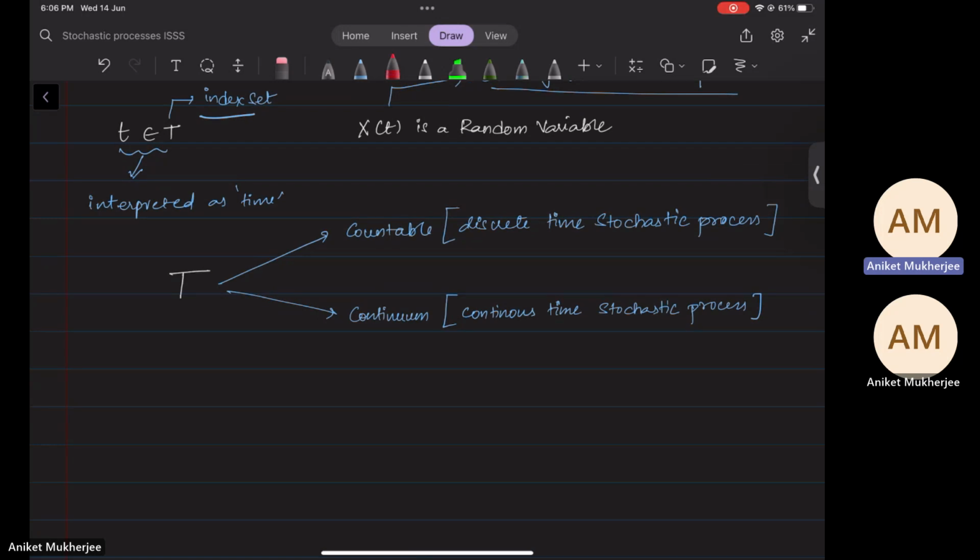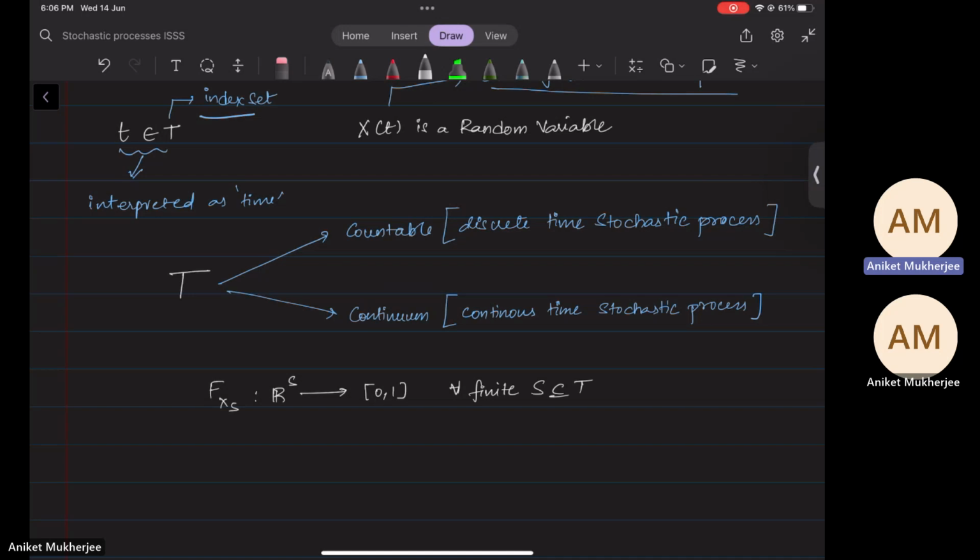Okay, so how do you characterize a stochastic process? You characterize it by its finite index distribution function. So that is given by a distribution function F_X, which maps from R^S to [0, 1], for all finite subsets S of the index set.